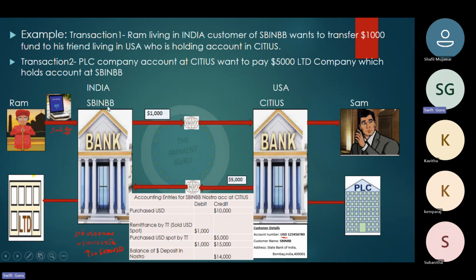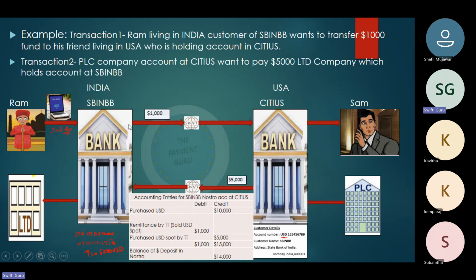In this case, State Bank of India's Nostro account with funds is available at the CTS Bank, right? So whenever a State Bank of India customer initiates a transaction, for example, Ram initiates a fund transfer of $1,000 to Sam, who holds an account in the United States at CTS Bank.